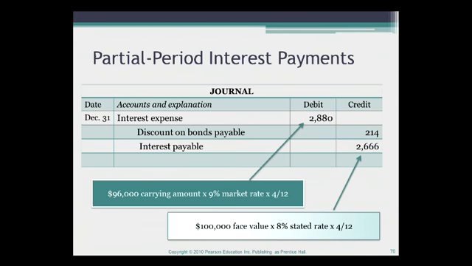But now we multiply that amount by 4 over 12 because we only have 4 months between August 31st and December 31st. Here it would be interest payable instead of cash paid because we're not paying the cash till the end of February. So we take the maturity value of $100,000 times the 8% stated rate times 4 over 12 for the number of months outstanding. Just like you've seen in the past.